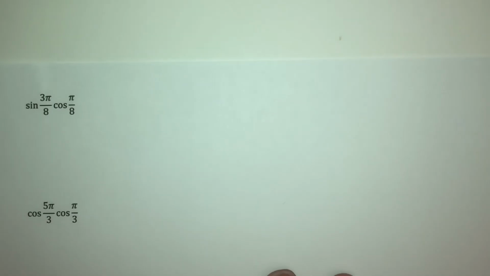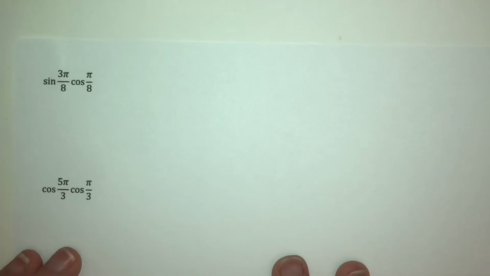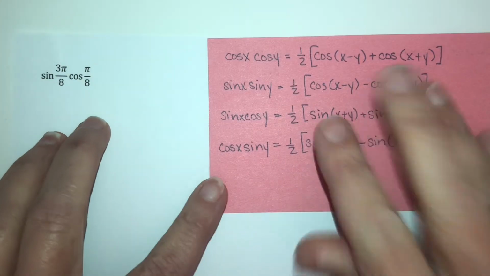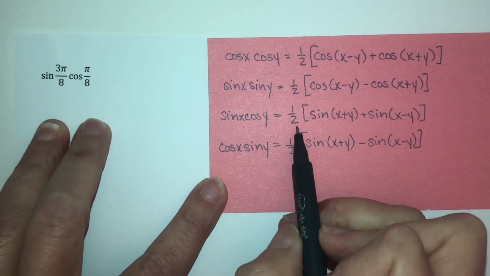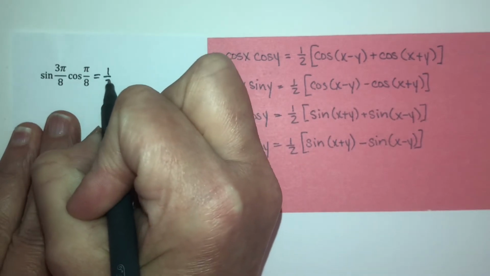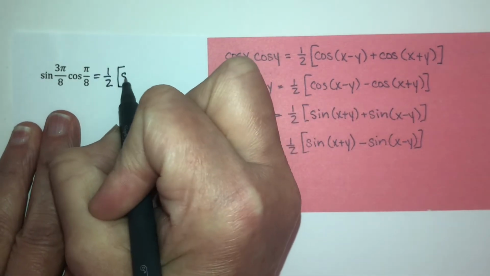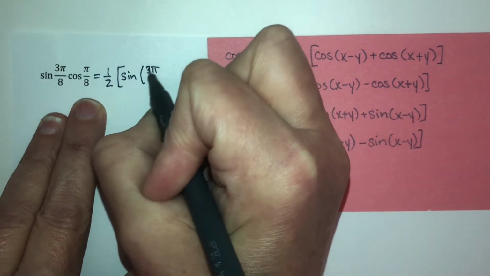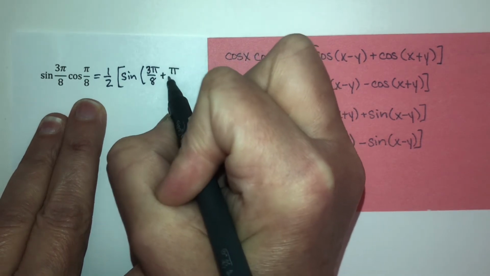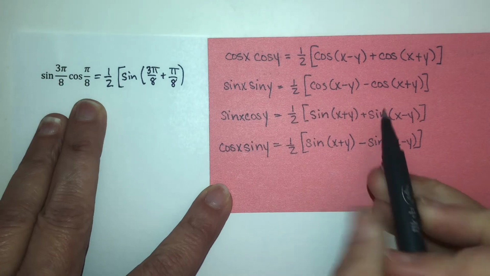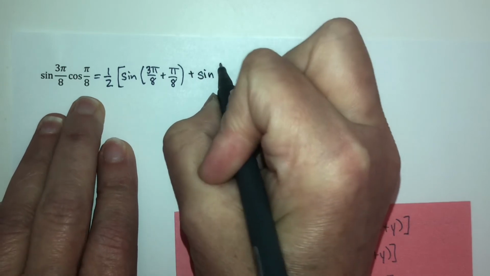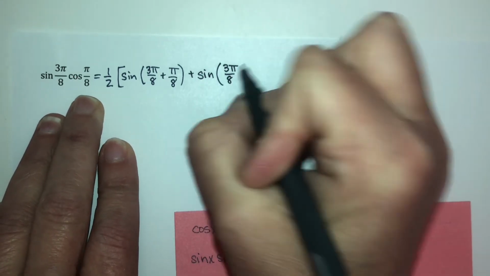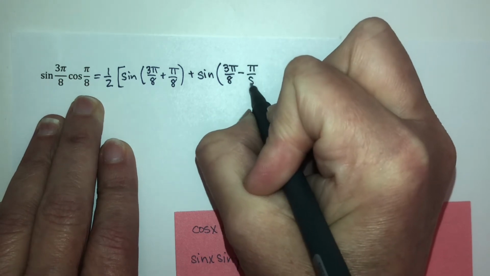Let's do sine of 3 pi over 8 times cosine of pi over 8. So I have a sine times a cosine. This is equal to 1/2 times sine of x plus y, so 3 pi over 8 plus pi over 8, plus sine of, subtract them, so sine of 3 pi over 8 minus pi over 8.